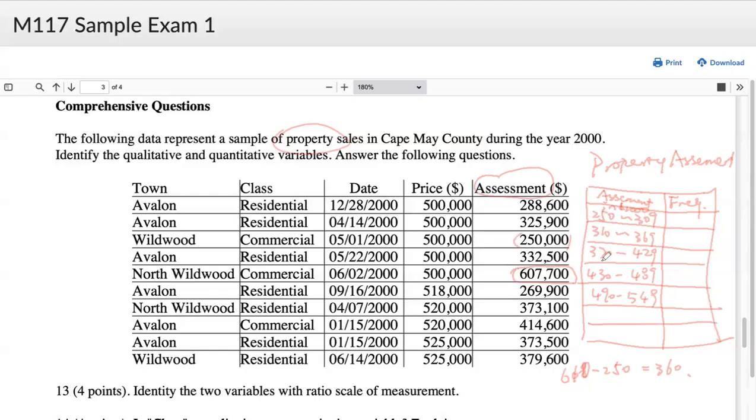So 1, 2, 3, 4, 5, 6. Then plus 60, 550, up to the highest one.